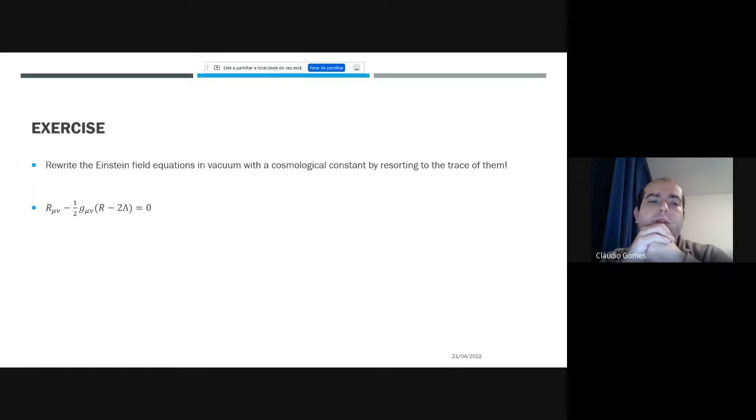I will give 2 more minutes. I think it's quite a simple exercise, but it gives a lot of insight into what's happening in f(R) theories, for instance. Actually, this exercise also gives some insights for further analysis of different approaches to gravity, not here in gravitational waves, but in different things.